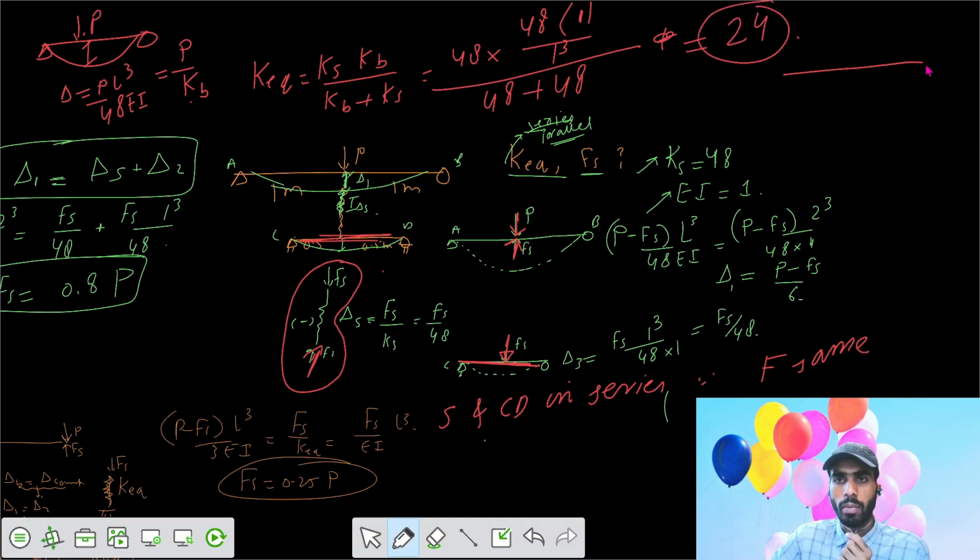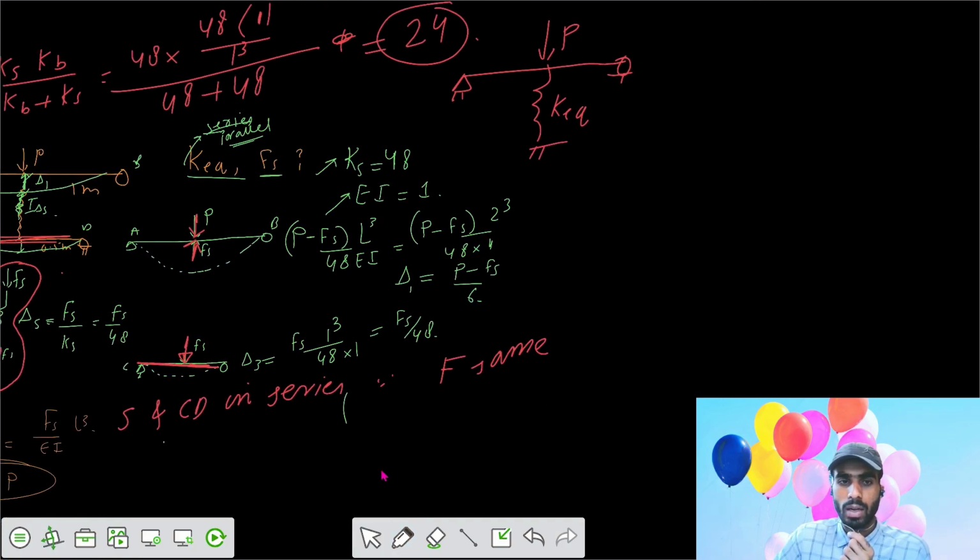So now you can make the diagram look like this one. This is your k equivalent, and now you have a load of P here. Similarly, we can say that the bar AB and the equivalent spring are in parallel.